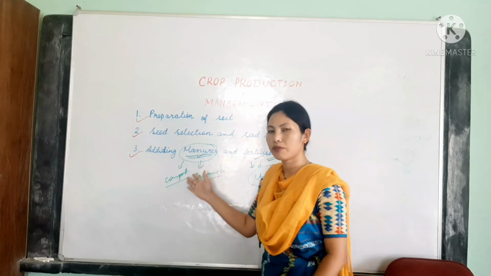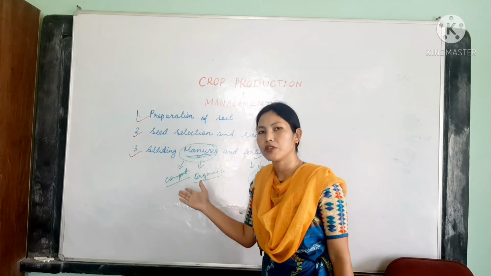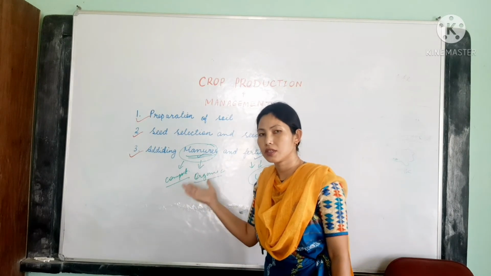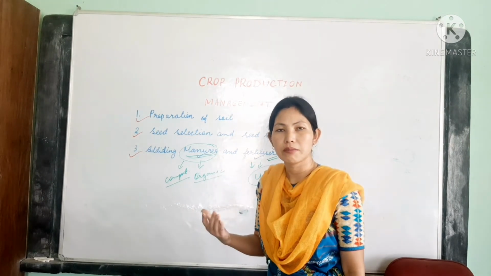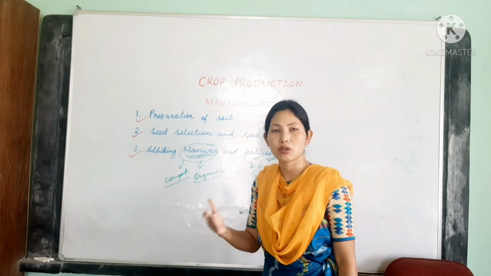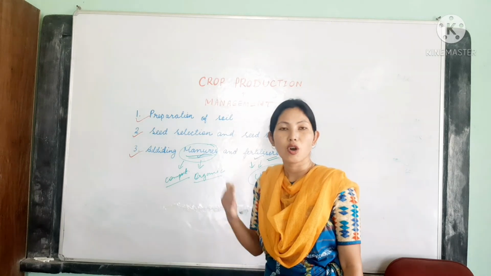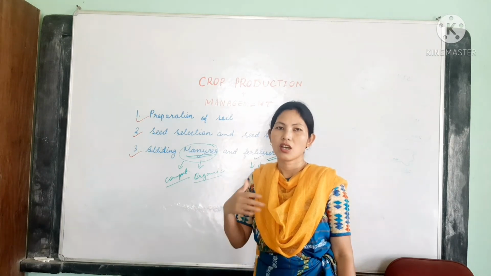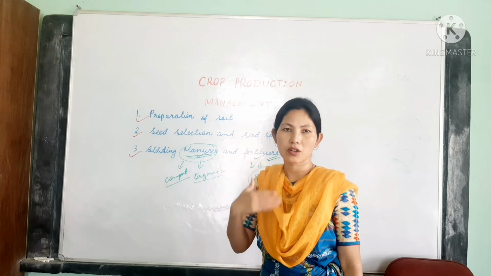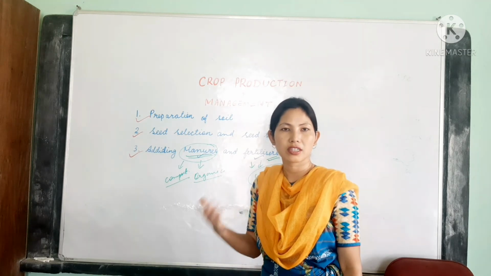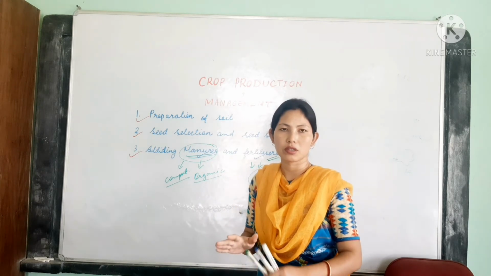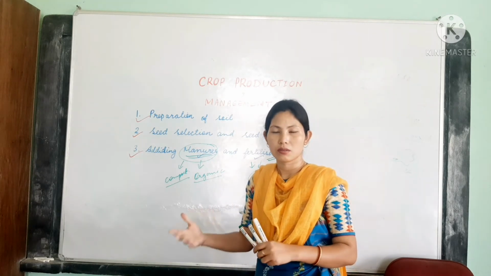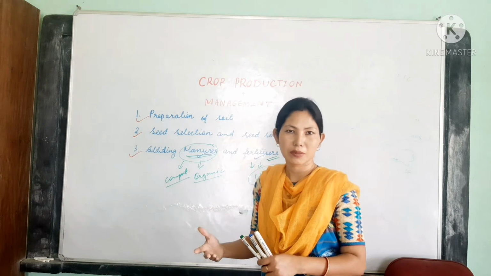So we prefer organic manure for cultivation. Such an agricultural practice where only organic manure is used for cultivation, with no use of chemicals, is known as organic farming. These days we are moving more towards organic farming, as it has very little effect, or you can say no effect, on the ecosystem or the environment.